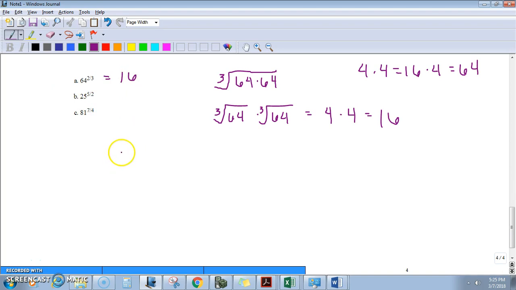All right, so 25 to the 5 halves would mean the square root of 25 to the 5th power, right? I'm on B now.